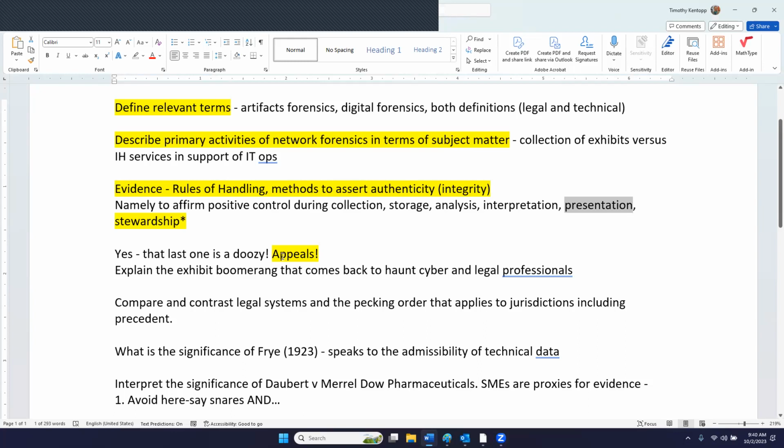Has anyone ever heard of the word appeals? Yes. So why would long-term stewardship be a boomerang? Why would that cause a huge problem for certain forensic professionals?